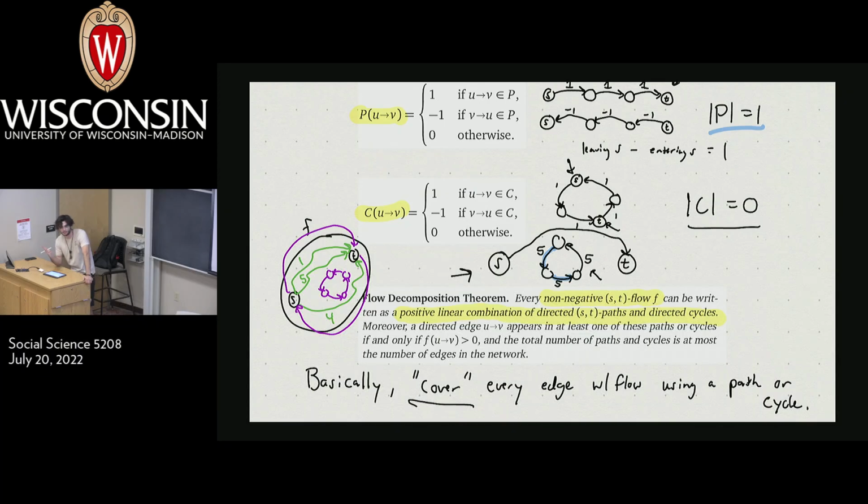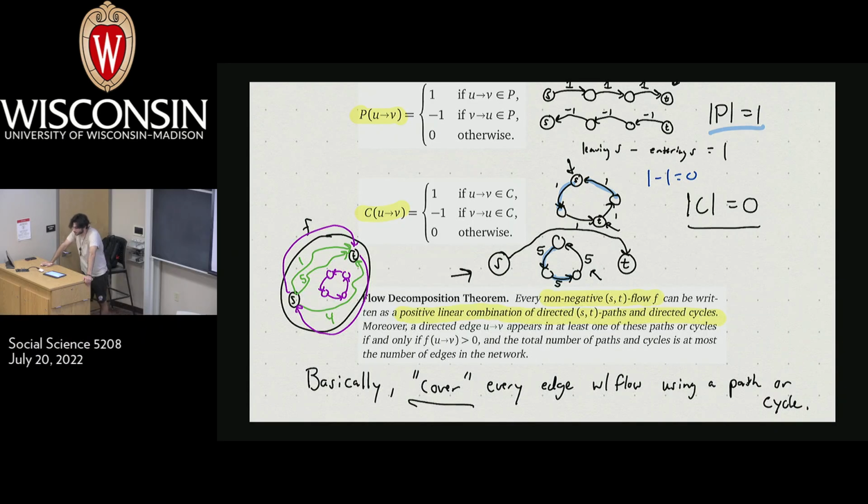So the net amount leaving S is 0. So you have 1 leaving and 1 coming in. So 1 minus 1 is 0. So every cycle is equivalent to a self-edge that does no good. It depends on the application.